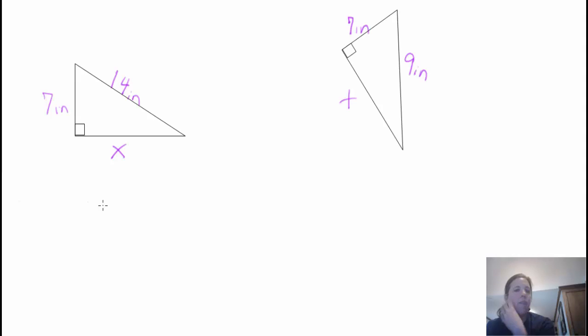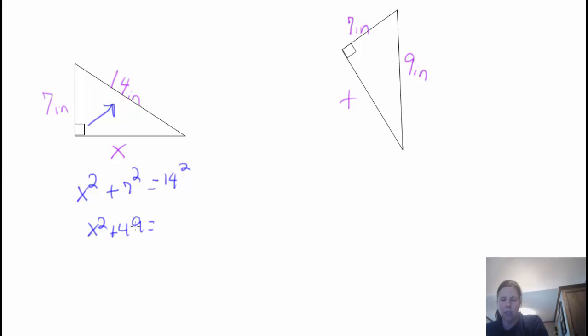Okay, now what if you're given the hypotenuse, but you're looking for one of the legs? So again, now we're given the hypotenuse. So 14 squared. I always put the thing I don't know first. Doesn't matter, you don't have to. And then 7 squared. So we have x squared plus 49 equals, what is 14 squared? 196.